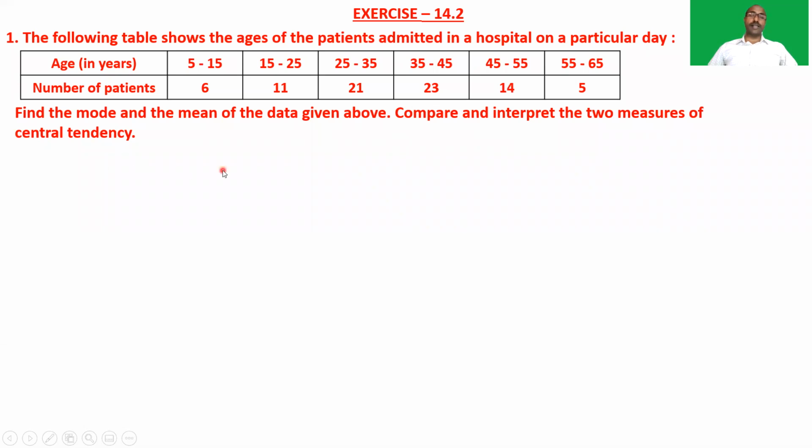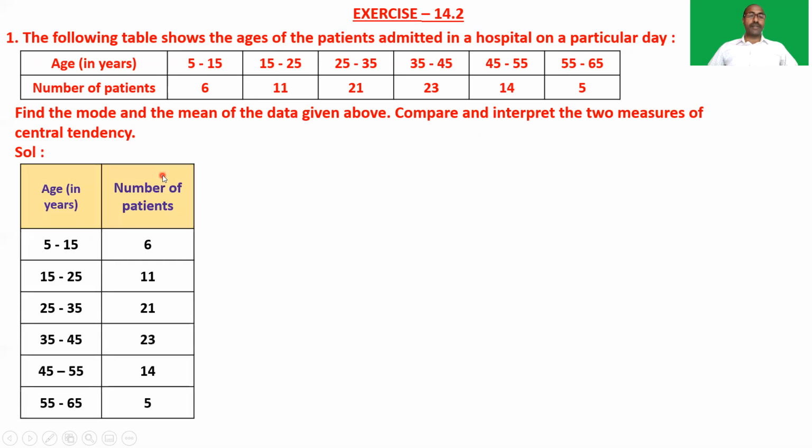Here we have to find both the mode and the mean, and also give an interpretation of the result we got. To find the mode, we take the same table vertically: 5 to 15, 15 to 25, 25 to 35, 35 to 45, 45 to 55, 55 to 65, and the frequencies are 6, 11, 21, 23, 14, and 5.